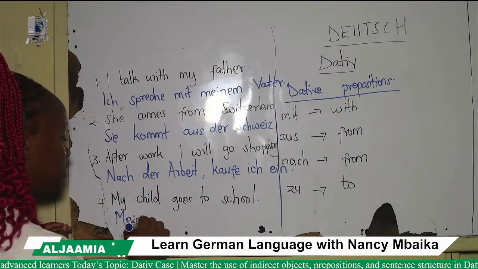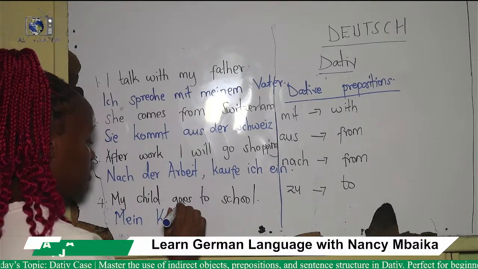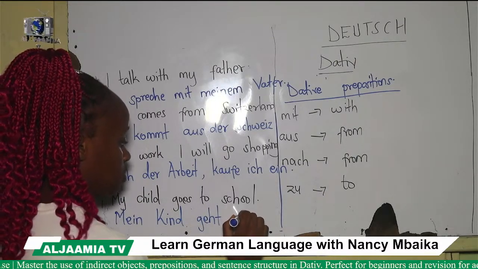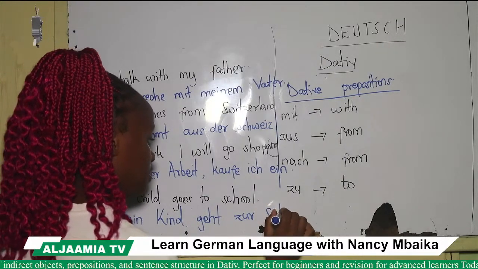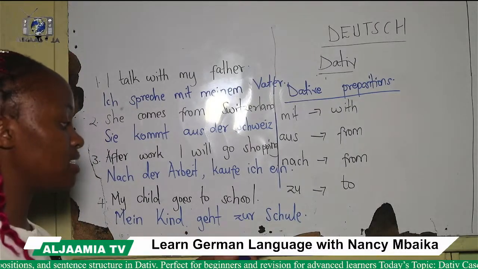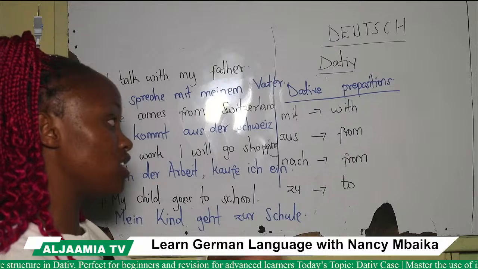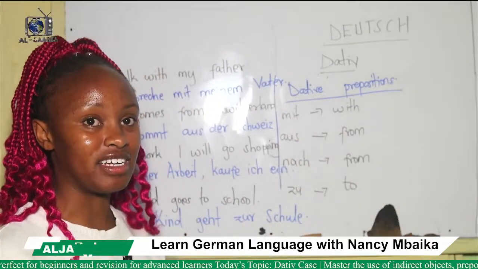Mein Kind geht zur Schule. Mein Kind geht zur Schule. So those are some of the dative prepositions. We don't only have 4, we still have others. You can go on and get more.